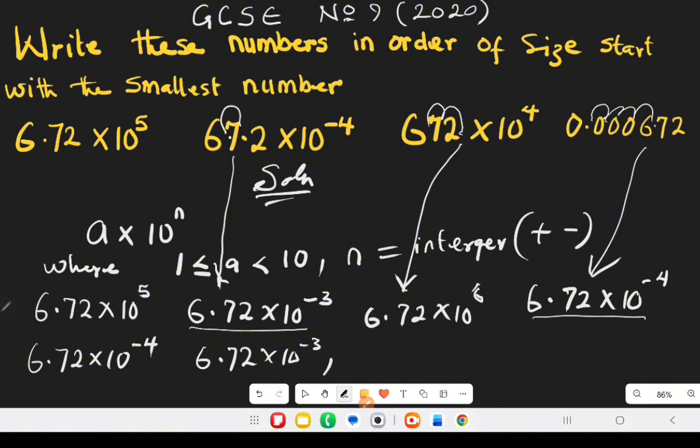The next one, we have power 6 and power 5, which is 6.72 times 10 raised to the power of 5. And the last one is 6.72 times 10 raised to the power of 6. So we have arranged it in order of size.